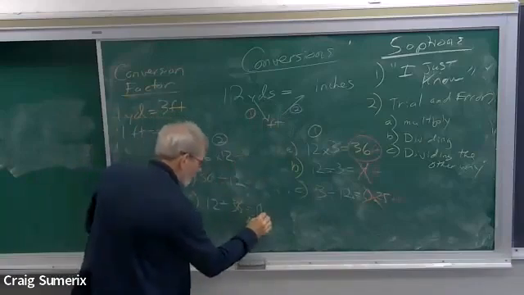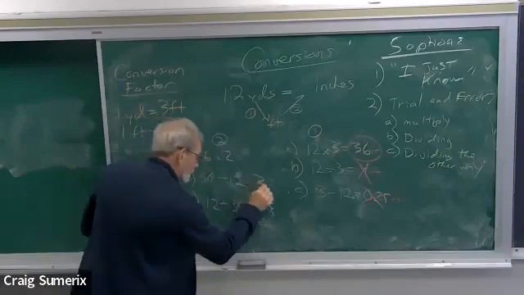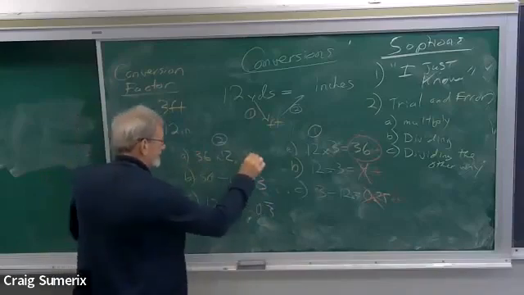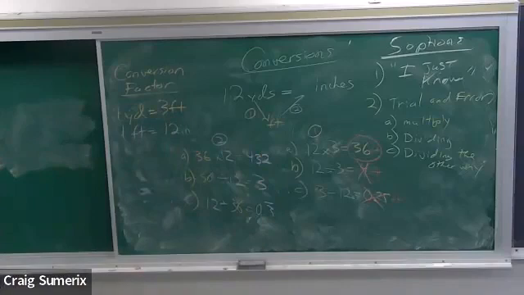Let's see, this is 0.3 repeating. No, yeah, it is. This is 3, and this is 432. Let me check my math. Again, never trust Craig when he does math in his head. I was trying to remember that from this morning. I try to use the same example so I know.